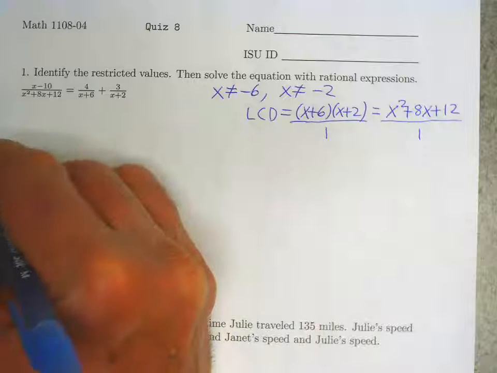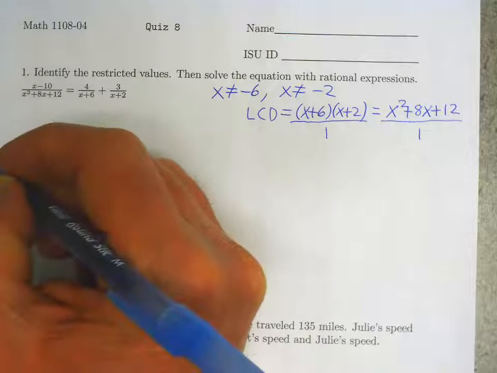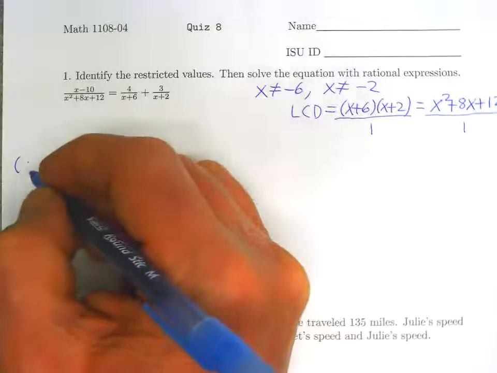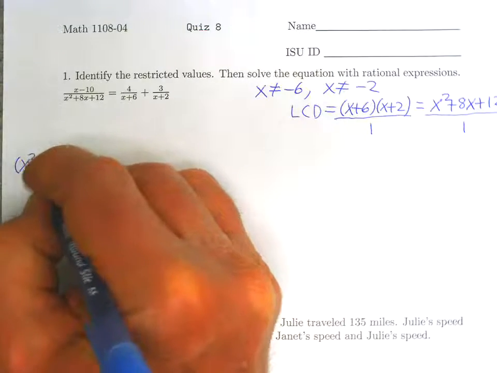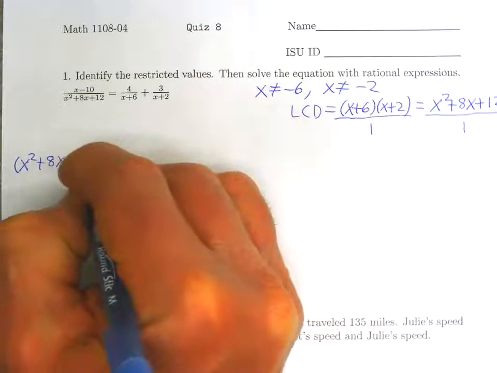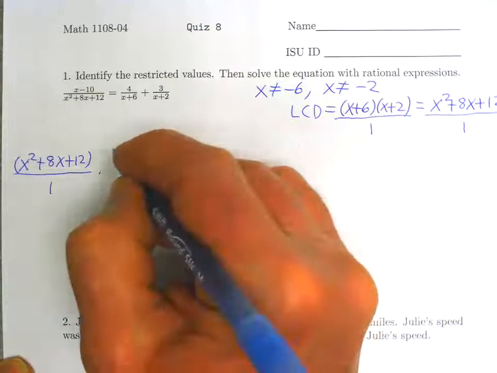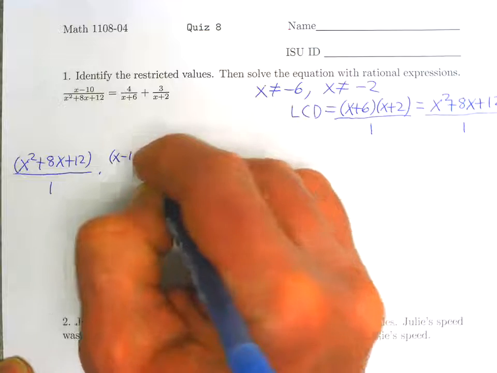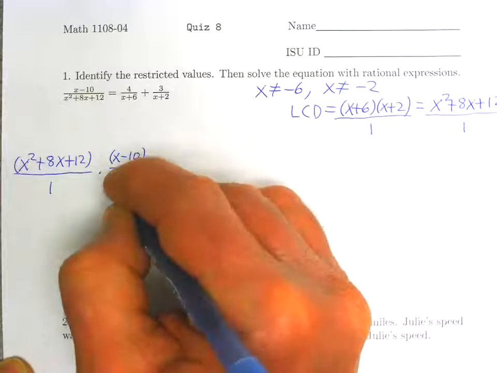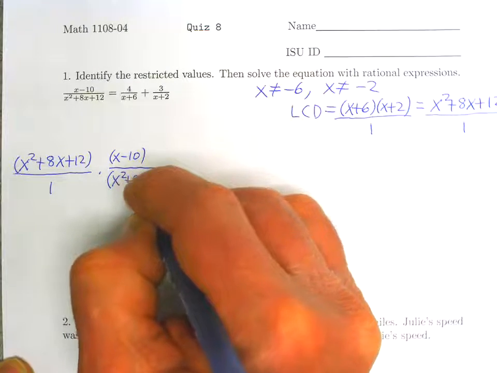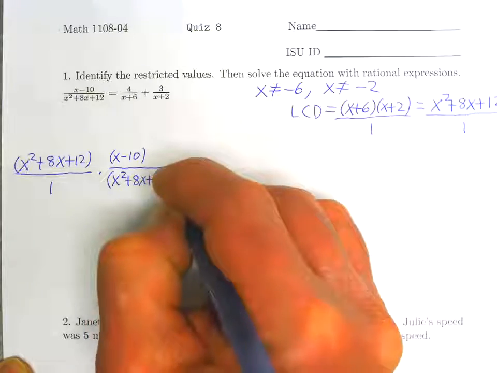So I'm going to write it as x squared plus 8x plus 12 over 1 multiplied by x minus 10 over x squared plus 8x plus 12.